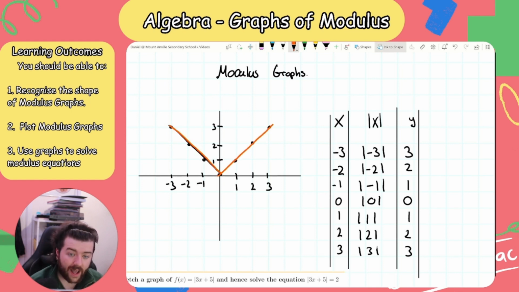That is why I have a V shape. In normal graphs, if I was just plotting the function x, it would continue on down here, but it doesn't, because the modulus is forcing all of my negative x values to be positive. That's why we get a V shape.